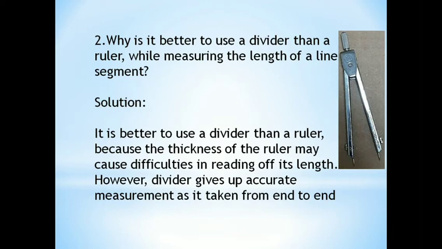However, a divider gives an accurate measurement as it is taken from end to end. The divider has two metal tips, and the metal tips are thin. Because of this thinness, we can get an accurate measurement. But sometimes a ruler has thicker edges, so the thickness of the ruler may cause difficulties in reading its length. So the divider is better to use while measuring the length of a line segment.